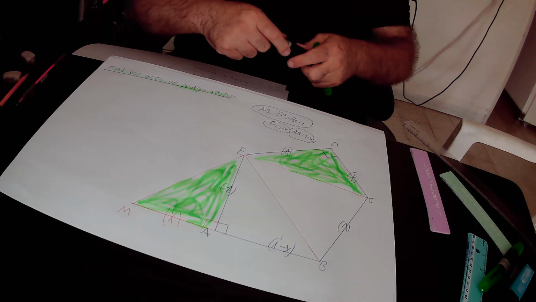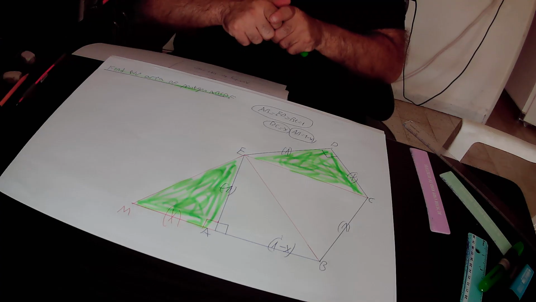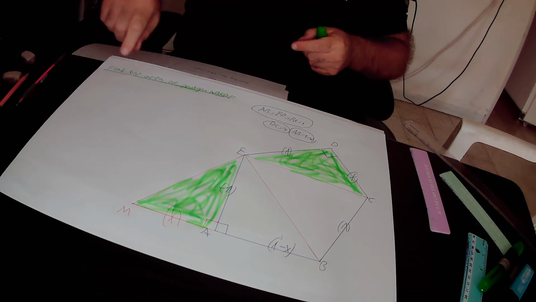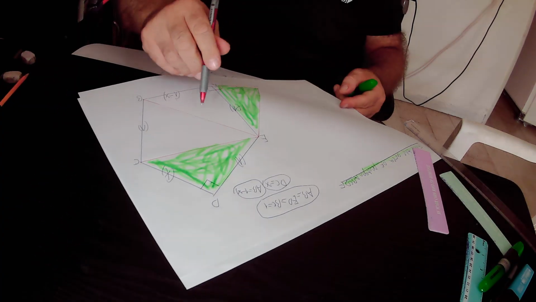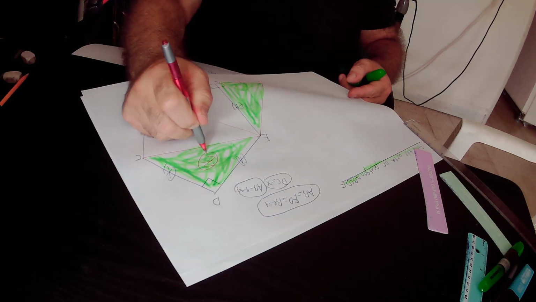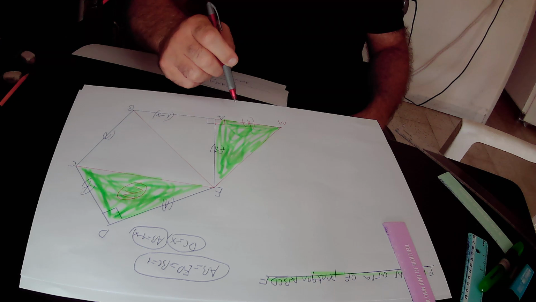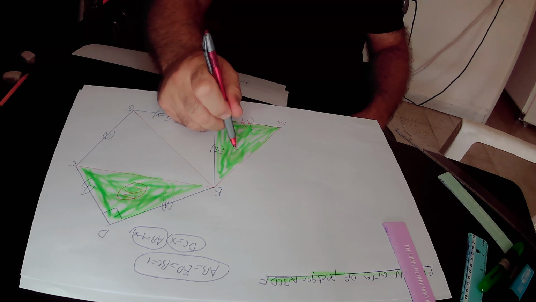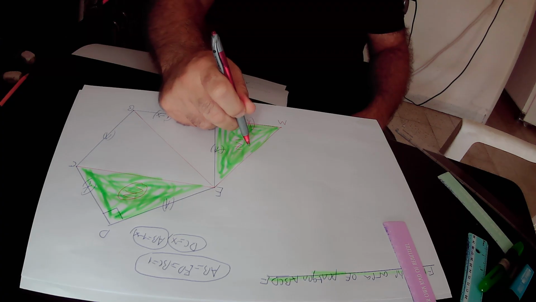So if you define this triangle EDC as Z, then EAM must also be equal to Z, because they have the same areas.